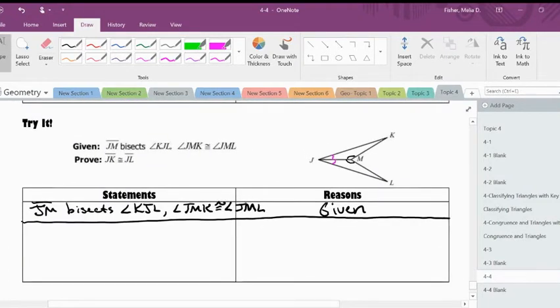So we need to make a statement about those angles. So we can say that angle KJM is congruent to angle LJM. And that is the definition of an angle bisector.